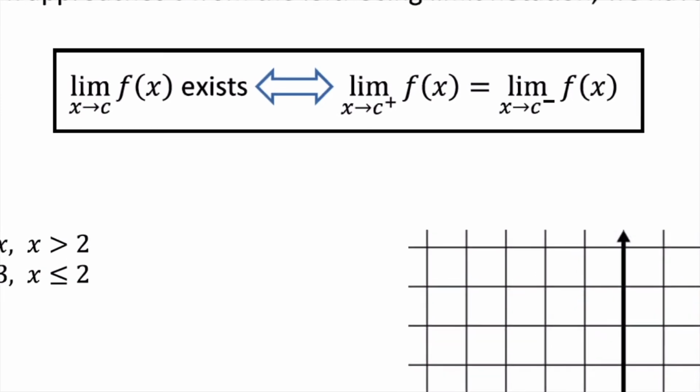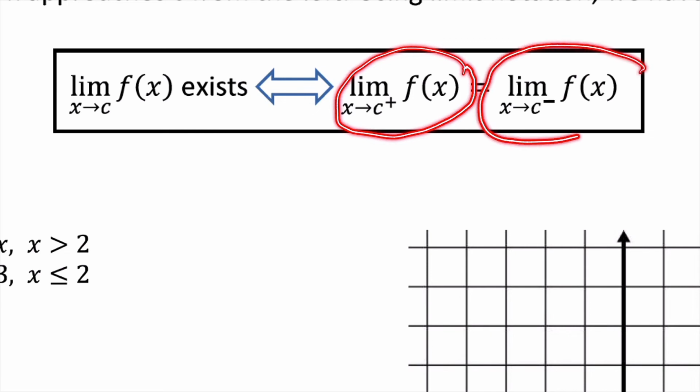If coming from the right is not the same y as coming from the left. If you approach two different places coming from different ways, it doesn't exist. If you do approach the same, it does exist.